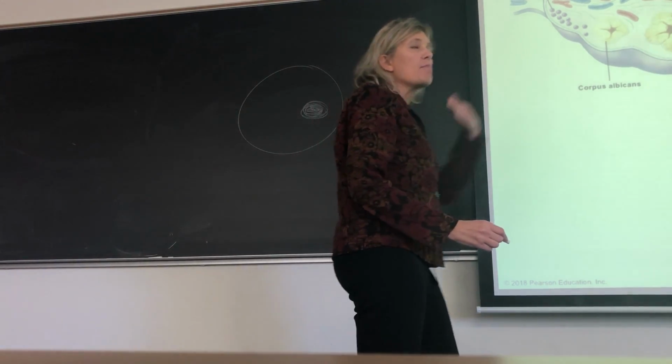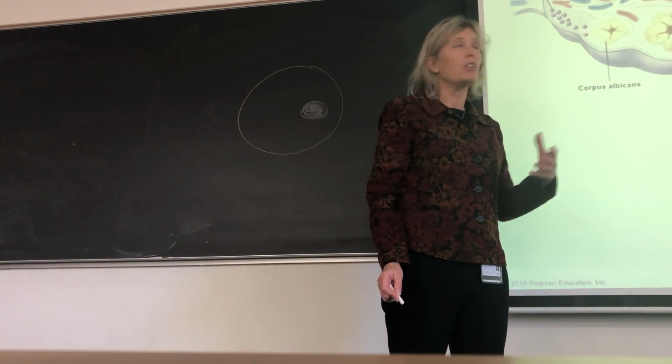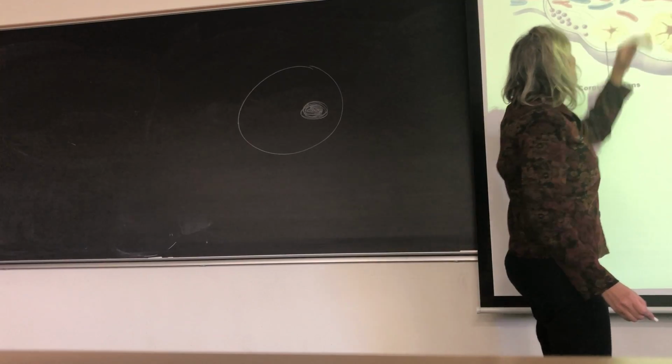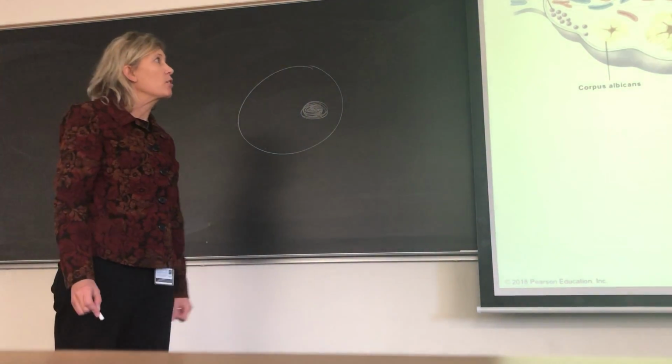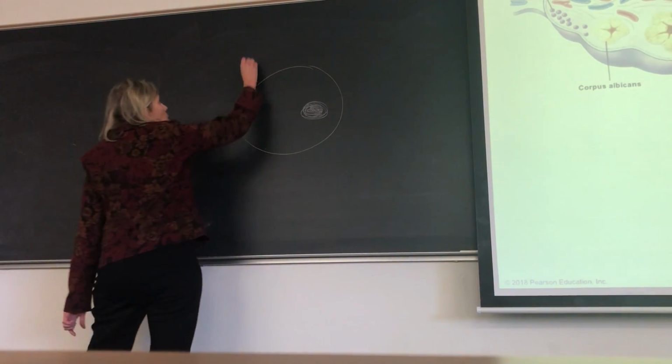Several of those every month get stimulated by FSH to start developing, right? So several of them start to develop. And those primordial follicles develop into a primary ovarian follicle. Now the primary ovarian follicle, so this is primordial.